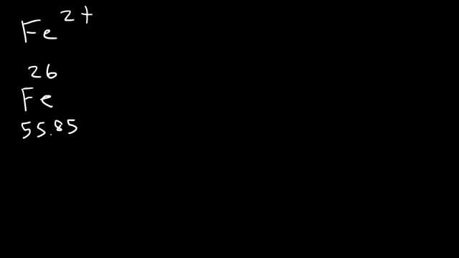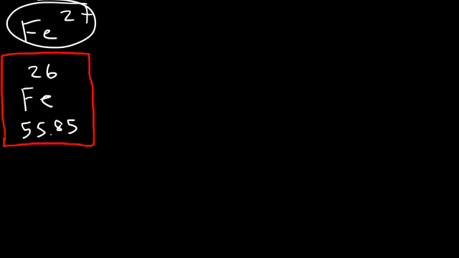Now what about ions? Let's say we want to write the electron configuration of the Fe2+ ion. How can we do so? On a periodic table, Fe has an atomic number of 26 and an average atomic mass of about 55.85. So an atom of iron metal has 26 electrons. What about an ion of Fe?